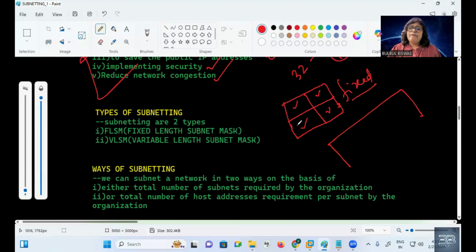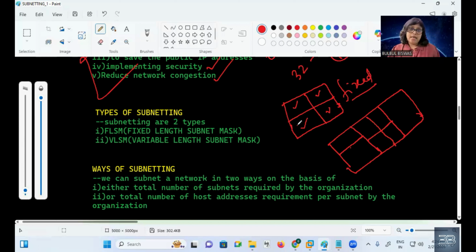But if we divide my large network as per the need of the industry, maybe someone is saying I need a 32-bit length subnet, someone is saying I need 64-bit, someone is saying no, I need 16 subnets. Is it clear? So that is the thing.